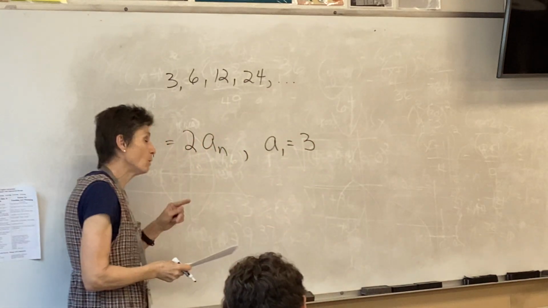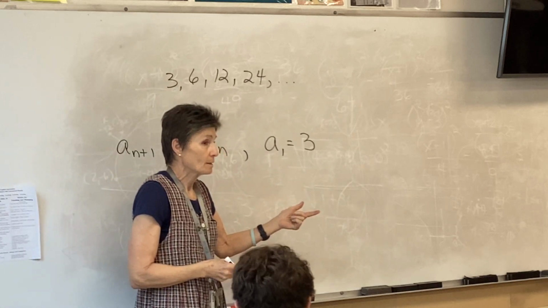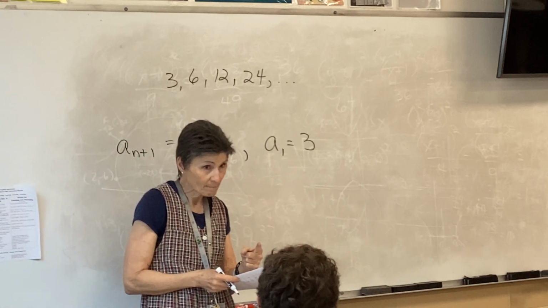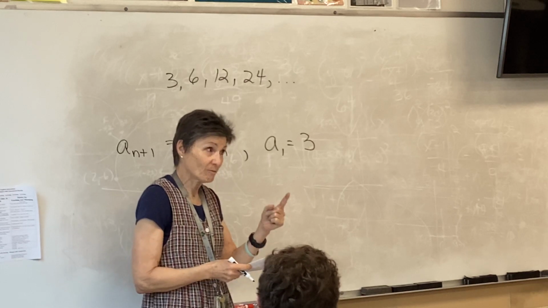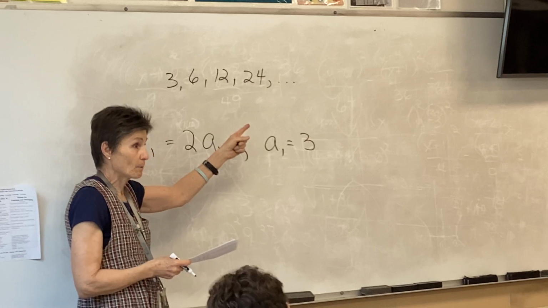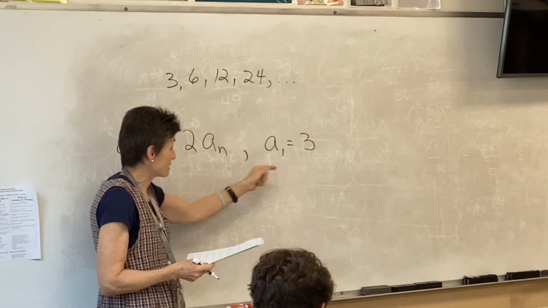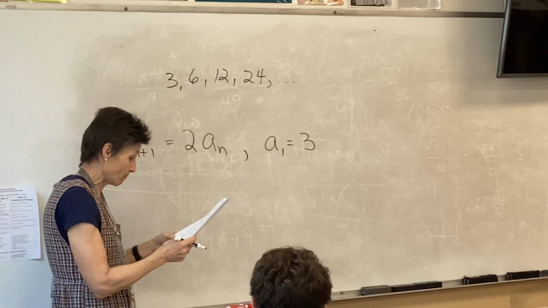Because if all I know about my sequence is that I'm timesing by 2, don't I need to know what I'm starting with? Because if I started with 5 and times by 2, I would get a different set of numbers, wouldn't I? Okay. So remember, whenever you write a recursive formula, you have to have your starting point.